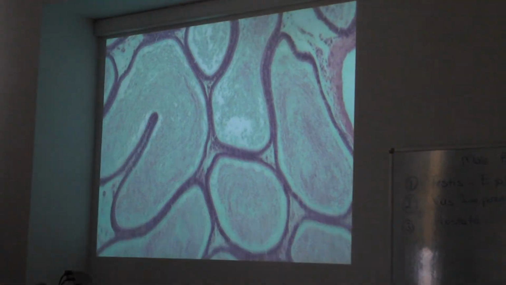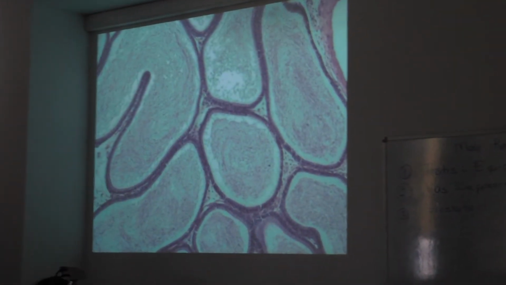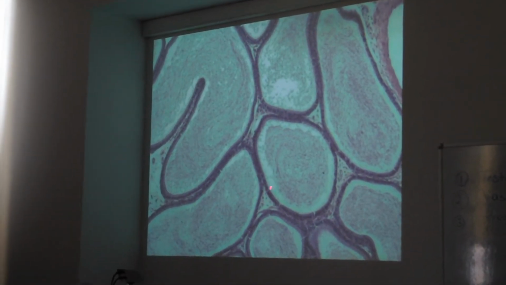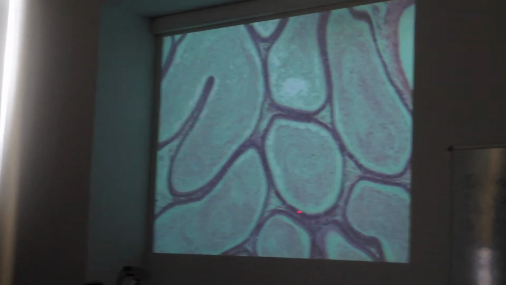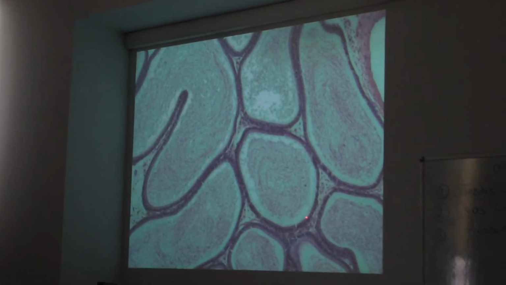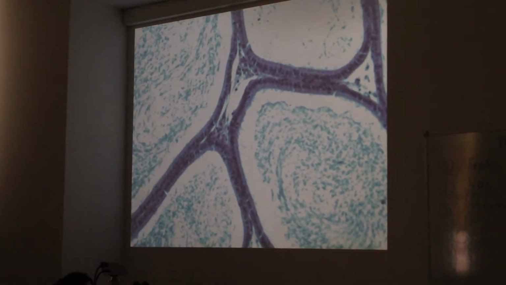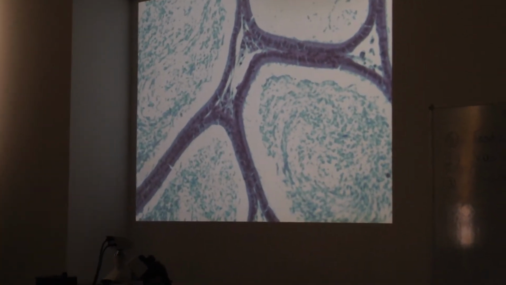So if we leave testis and come here to epididymis, the ductus epididymis has pseudostratified columnar epithelium with prominent stereocilia. Here we can see the stereocilia of these epithelial cells.